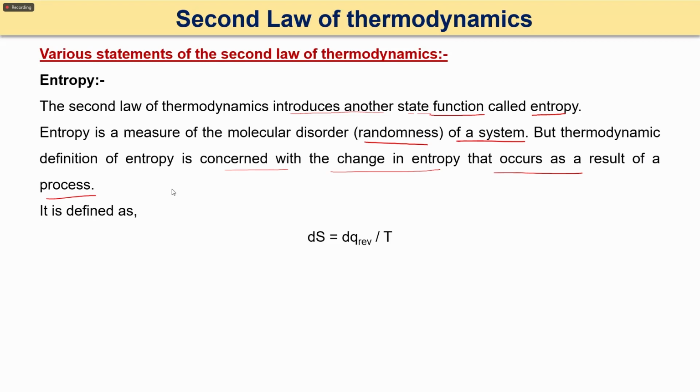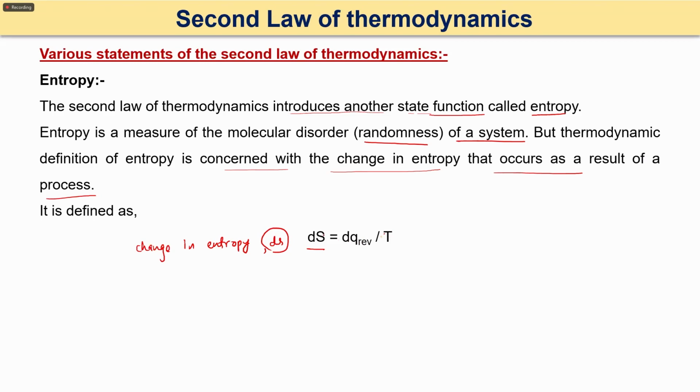It is defined as dS, that is the change in entropy. dS is equal to the change in reversible heat, so this is dq by T, where T is your temperature.